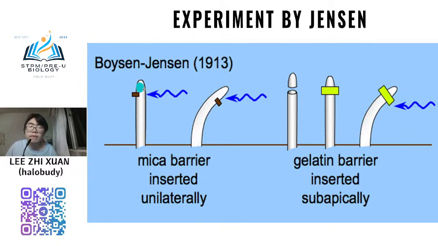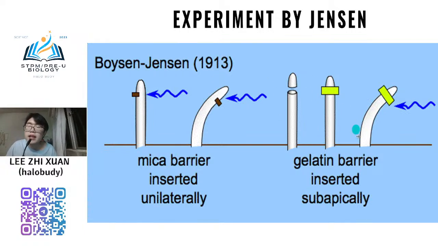And then if you see this, when the barrier is inserted at the right-hand side and the light comes from the right-hand side, the result shows there is a response. This means auxin can only accumulate at the darker side and provide elongation toward the light response. But for this one, since there is already a barrier at the darker side, auxin cannot accumulate here, so there is no light response by auxin.